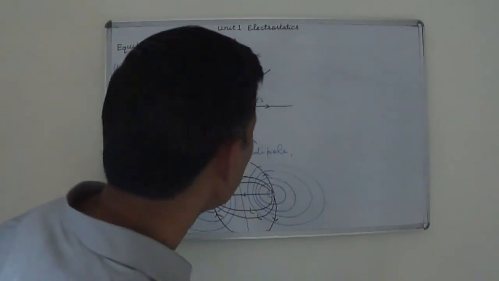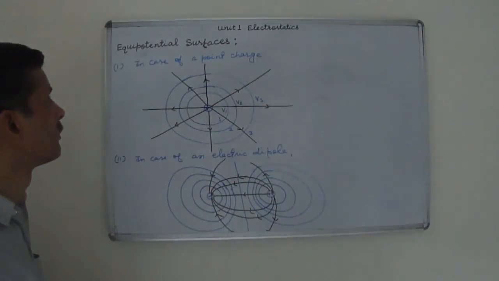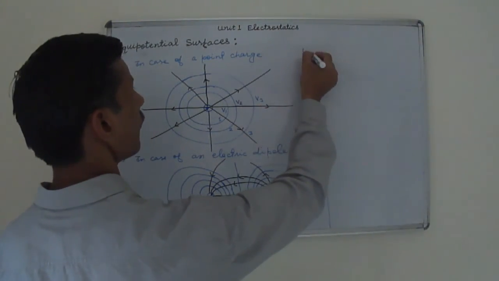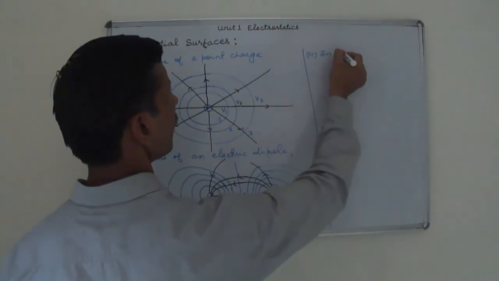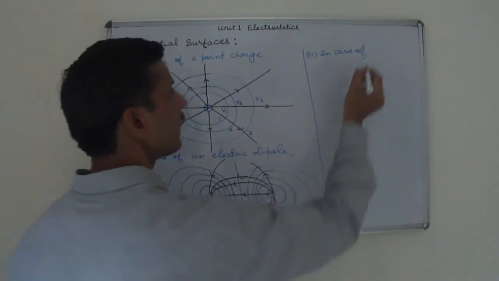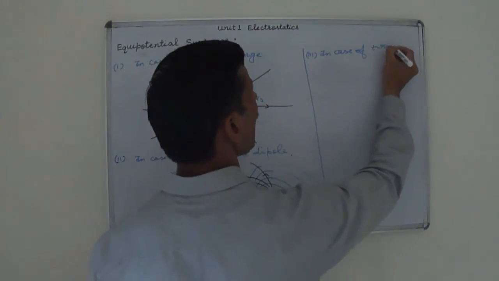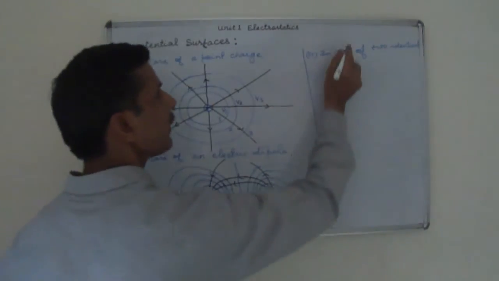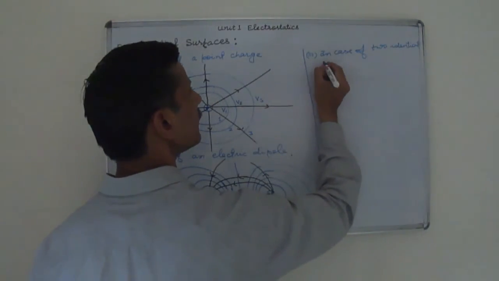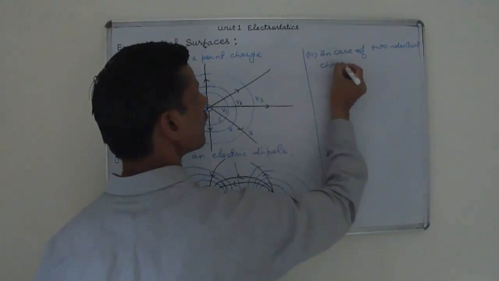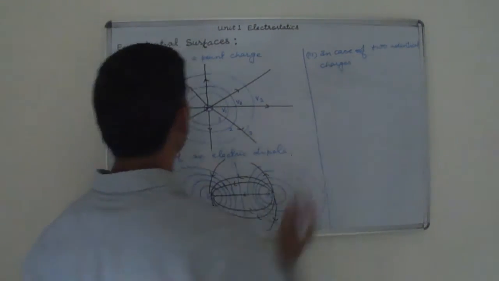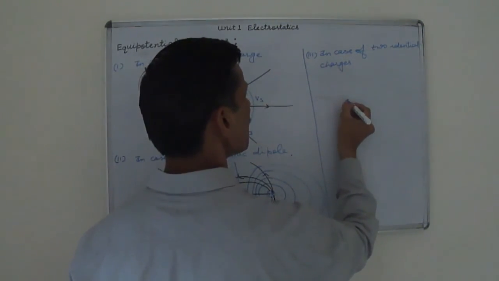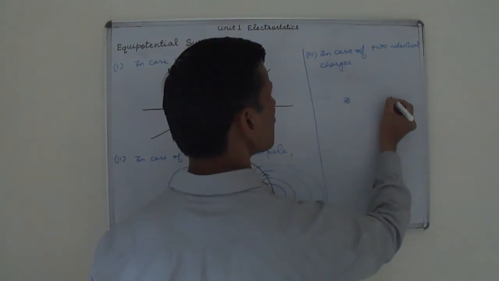In case of two identical charges, say positive charges, plus Q charge, this is plus Q charge.